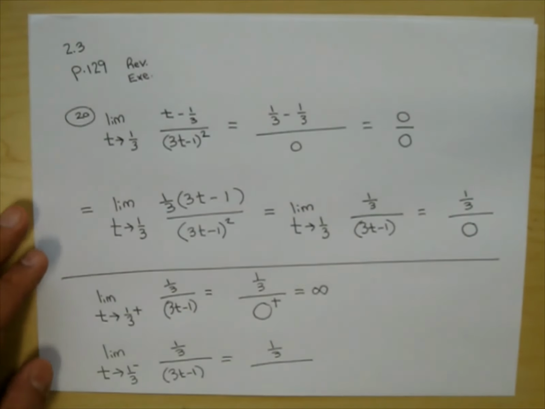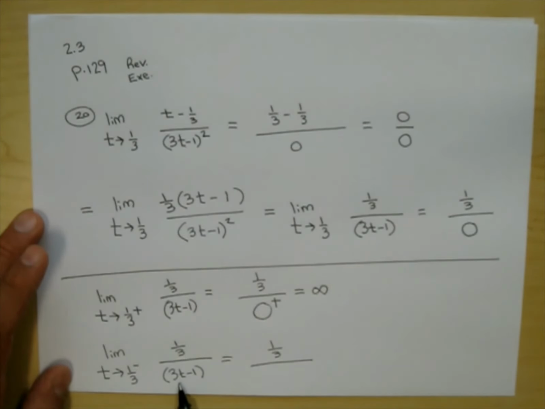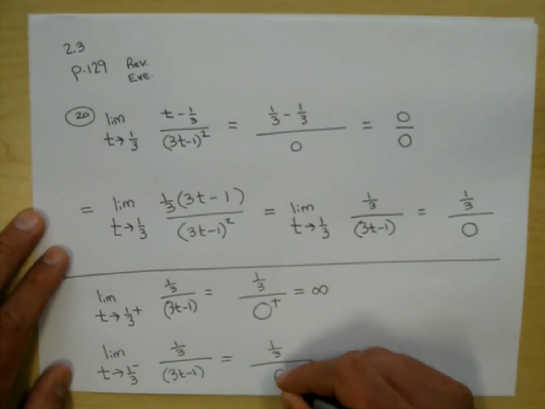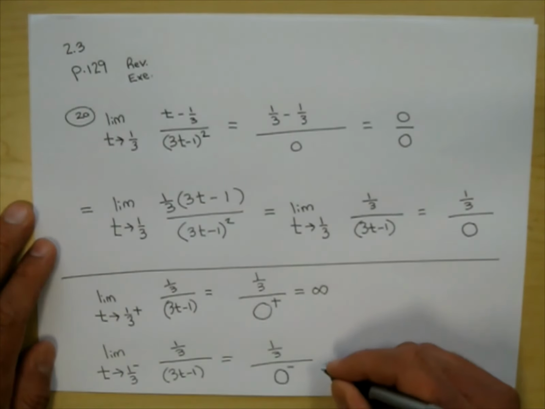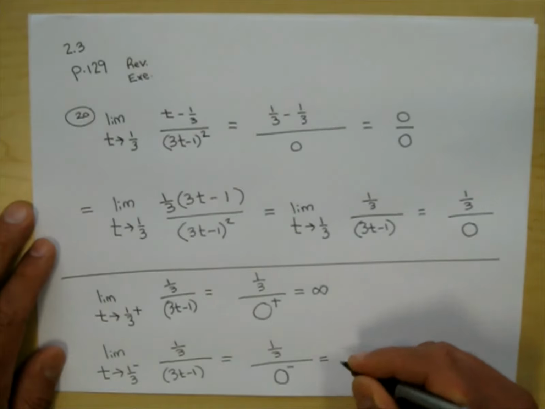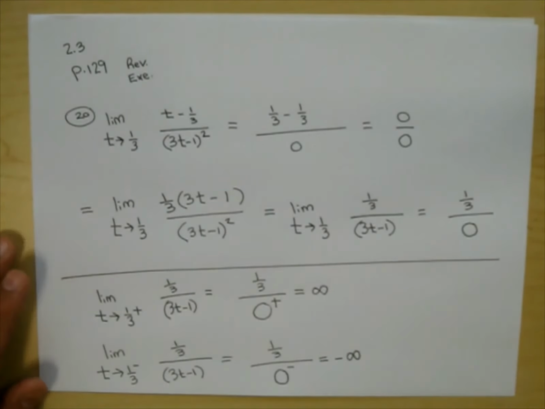Now on the bottom, I put 1/3 in there, but this is a little bit to the left of 1/3, so less than 1/3, which is going to be a number that's a little bit less than 1 minus 1, which is going to be a very small negative number. And small, when I say small, I mean in magnitude. So this is going to be like 1/3 over negative 0.000000001. When you put that in a calculator, you're going to see that that gives you a really big number. So this is going to negative infinity.